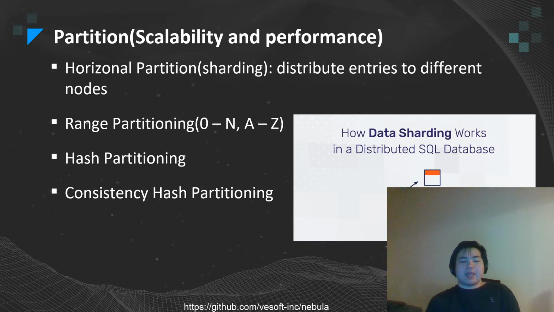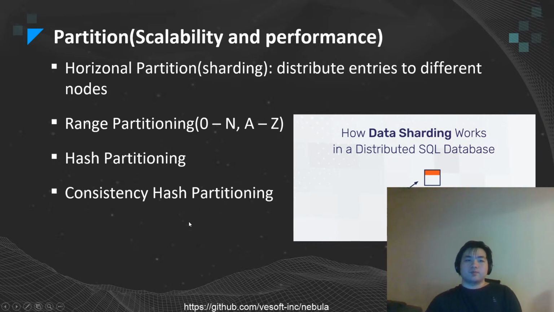And once we add more machines, hash partition will suffer from data migration problems as well. Consistent hash was born to solve this problem by using a large circle, so once you add a machine, you just need to migrate one part of the data.